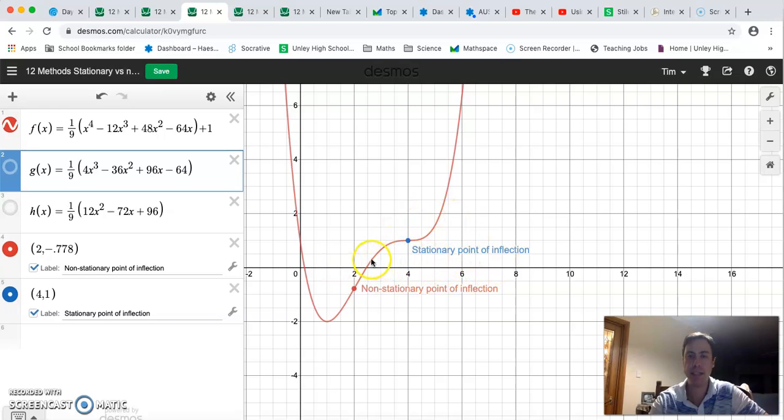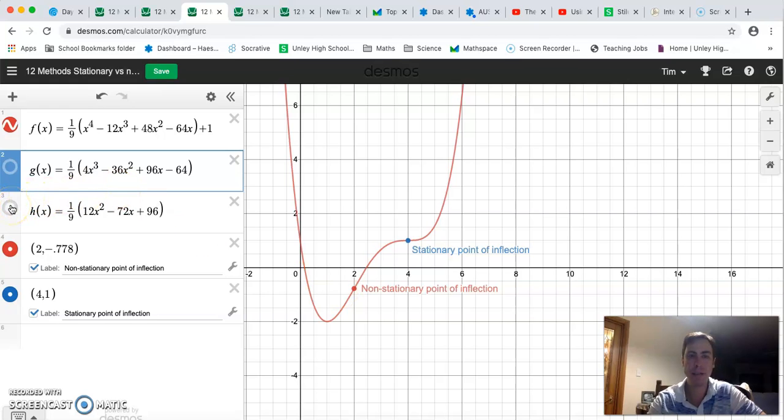You can see here we've got this inflection, but the gradient of the function is 0 at that point. The other one is a point of inflection because we're going from a concave up shape to a concave down shape. But this one is a non-stationary point of inflection.